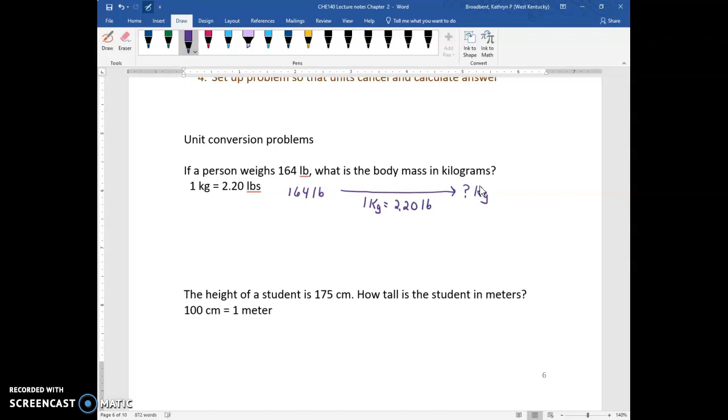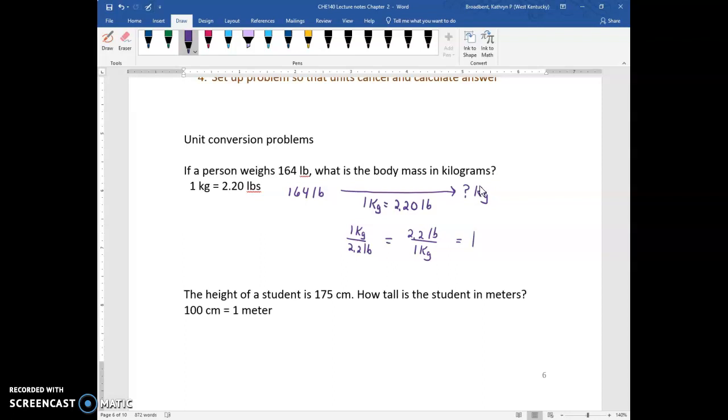From this equality, I can write 2 conversion statements. I can write 1 kilogram is 2.2 pounds. I can also write that 2.2 pounds is 1 kilogram. Each of these, because 1 kilogram is equal to 2.2 pounds, is equal to 1.